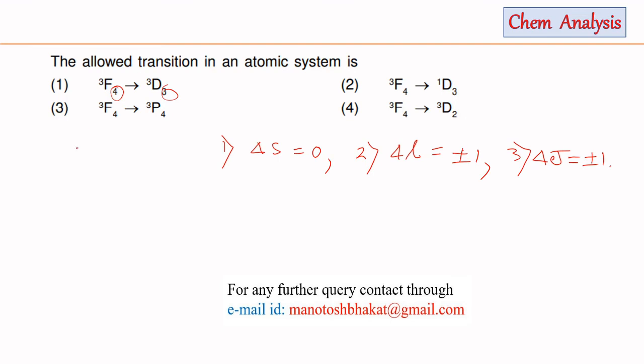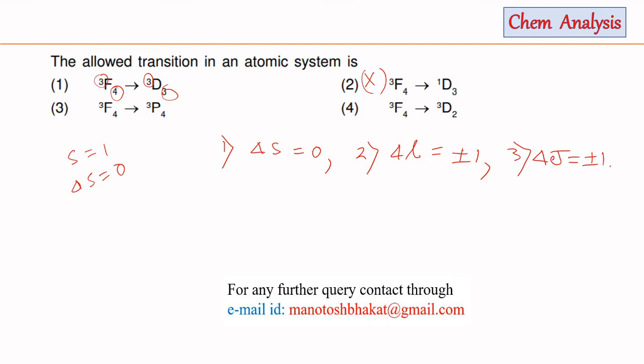Now for the first case, we can see here it is 2S plus 1, that is S equal to 1 for both the 2 cases, and delta S equal to 0. For the second case, delta S not equal to 0, so it will be cancelled out, and for the remaining 2 cases, delta S is equal to 0.